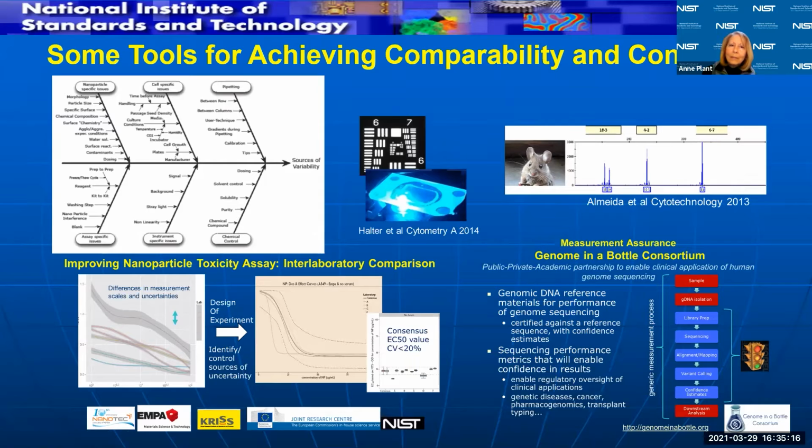So, it has implications, using a tool like an Ishikawa diagram to systematically look at your sources of uncertainty in your study, and then figuring out where your most important sources of uncertainty are, maybe by doing a design analysis, and then using that variable space and controlling that variable space to take data from different laboratories and make them comparable, so that you can actually compare them to one another and say, oh yeah, we are measuring the same thing, and that material is more toxic than another material for sure, not just an opinion.